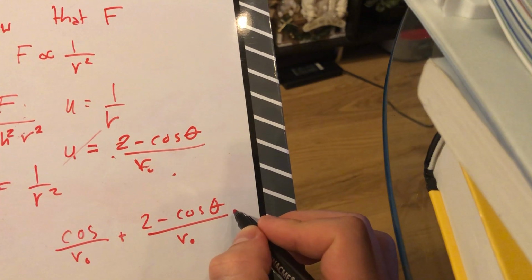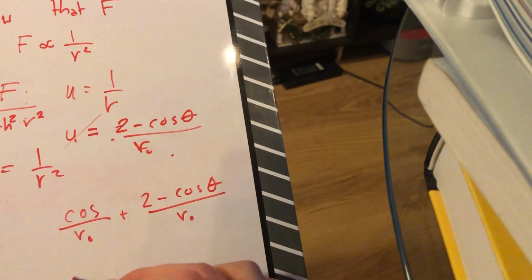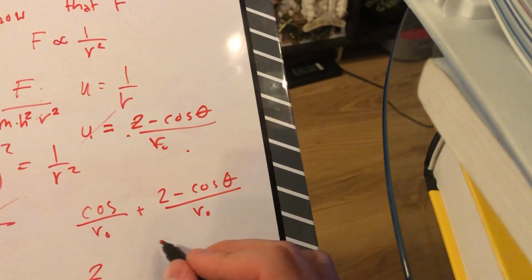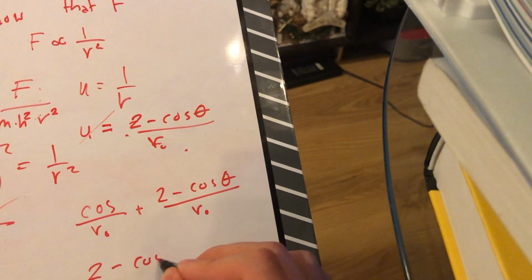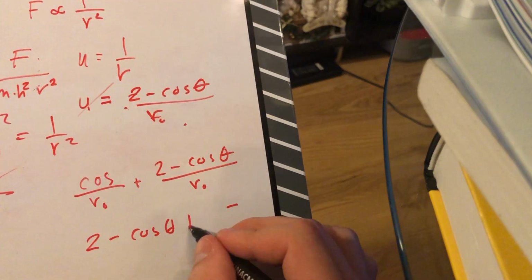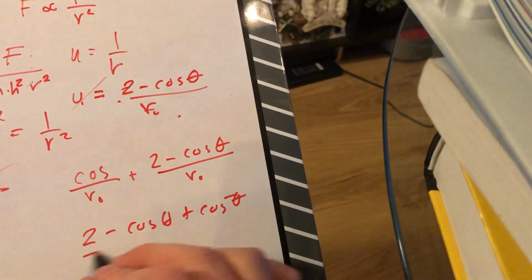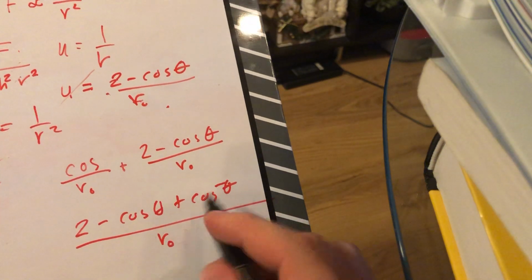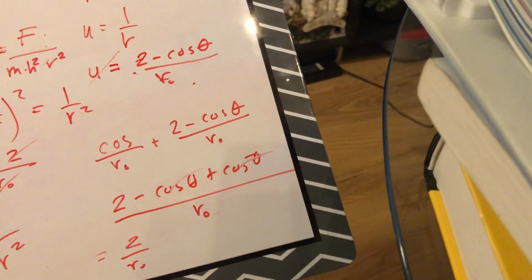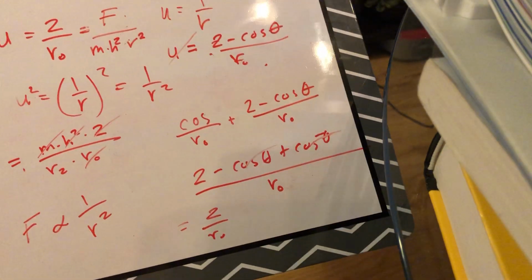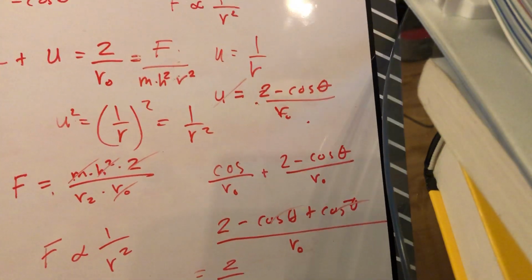If we simplify that, we are going to have 2 minus cosine theta plus cosine theta over r theta, which equals 2 over r theta. That's the proof for that.